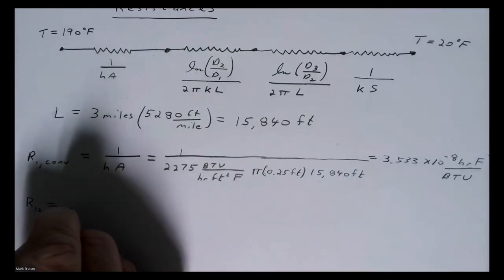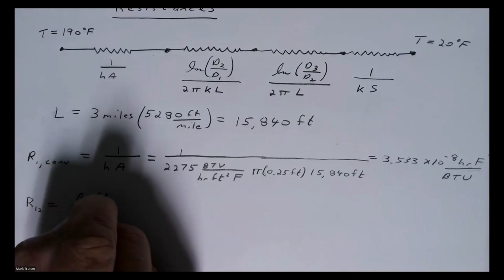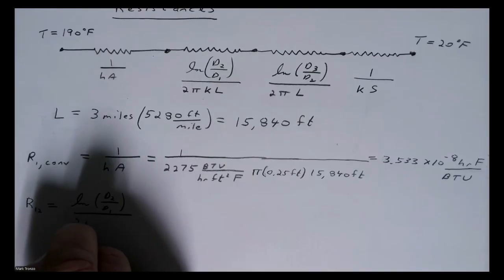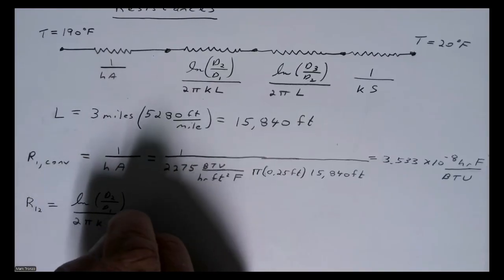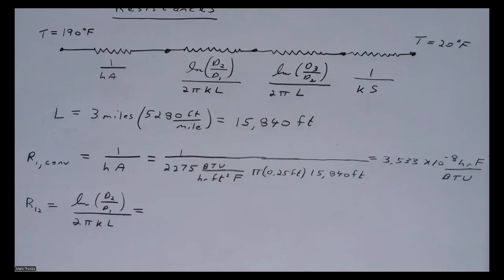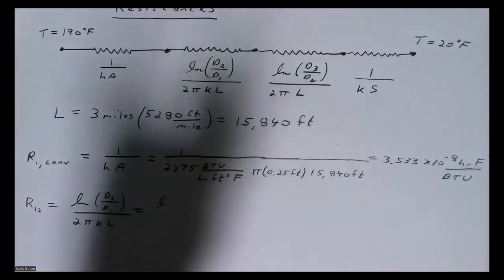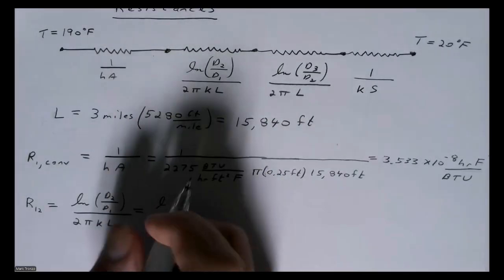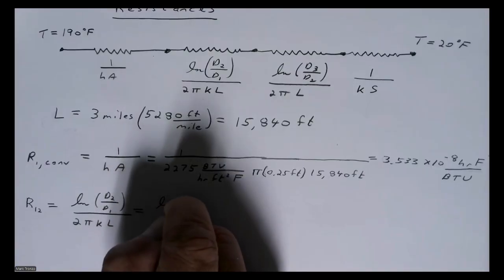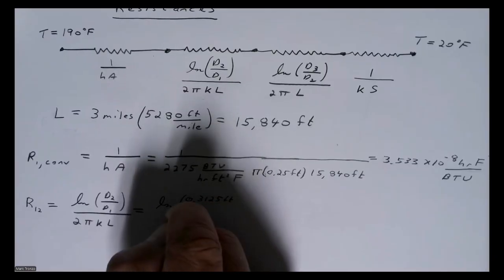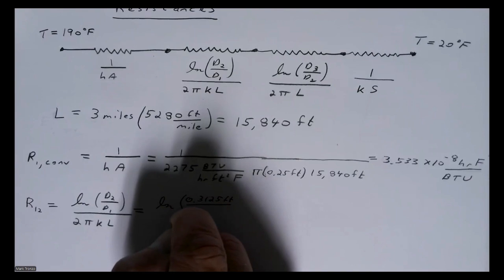Again, that's log of D2 over D1 divided by 2 pi K L. We said that D2 was 0.3125 and D1 was 0.25.